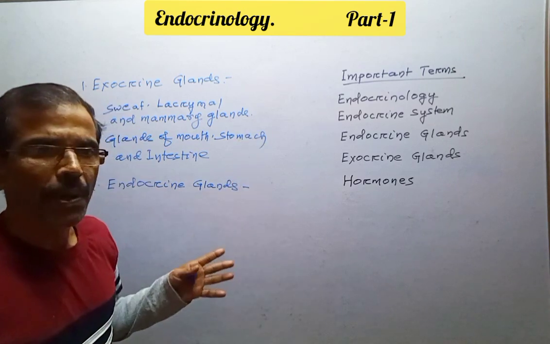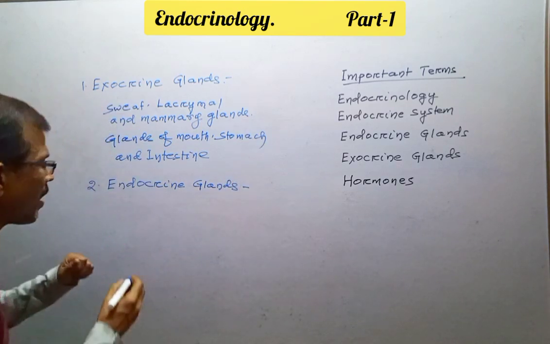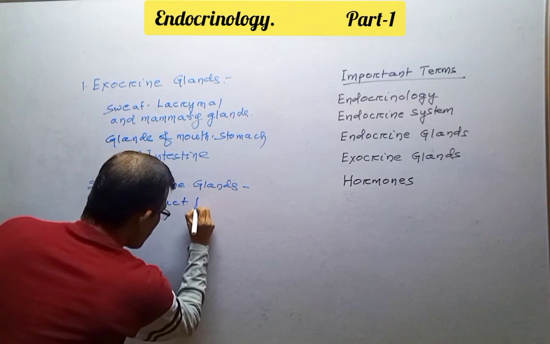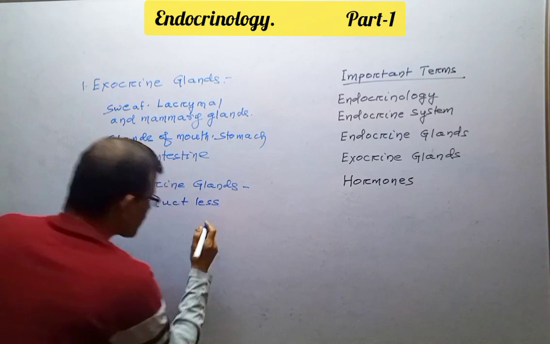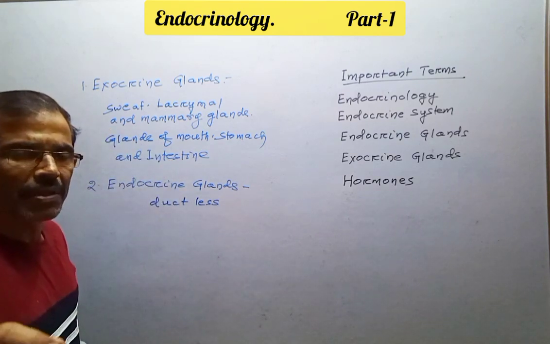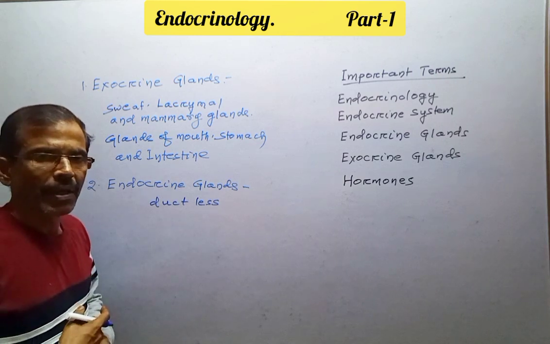The second group of glands is endocrine glands, which are ductless. They pour their secretions directly into the blood or into the interstitial fluid.